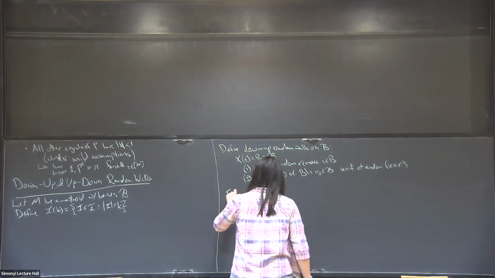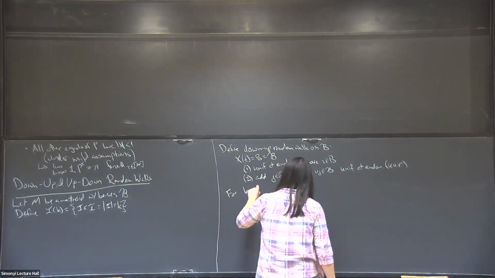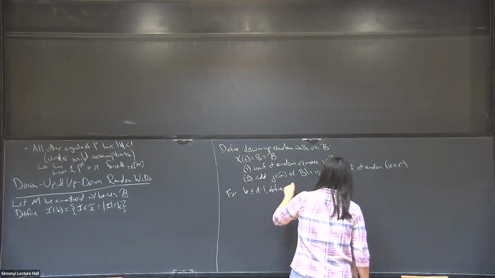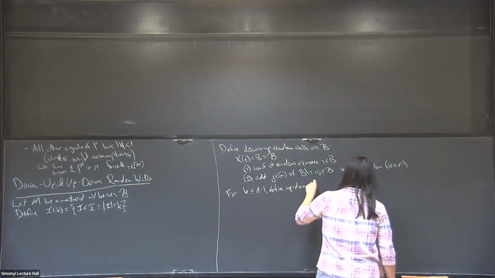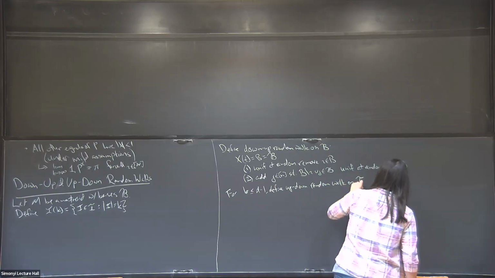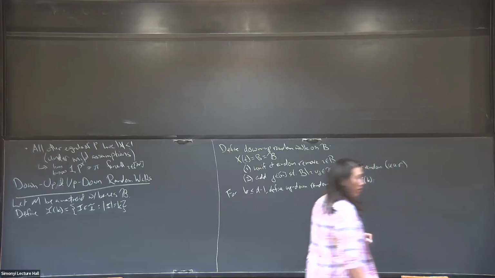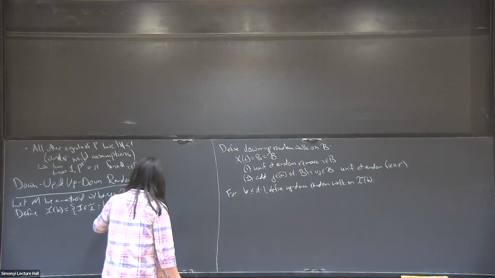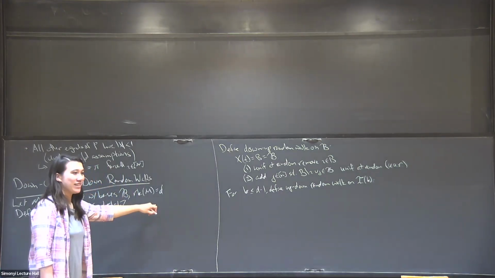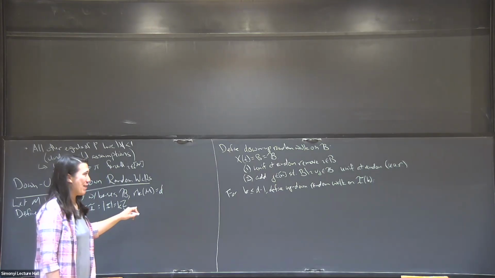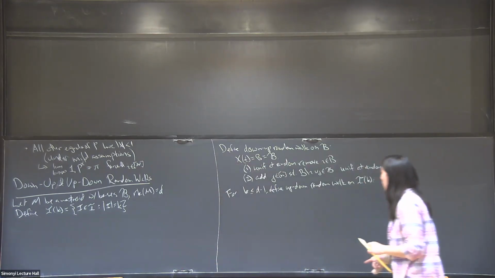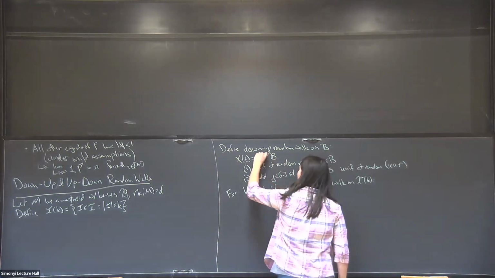So for k less than or equal to D minus 1, define the up-down random walk on I_k. Why I'm using D instead of R will become clear perhaps later. Like the second line, X_t equals B equals. Oh, sorry, that should be N.